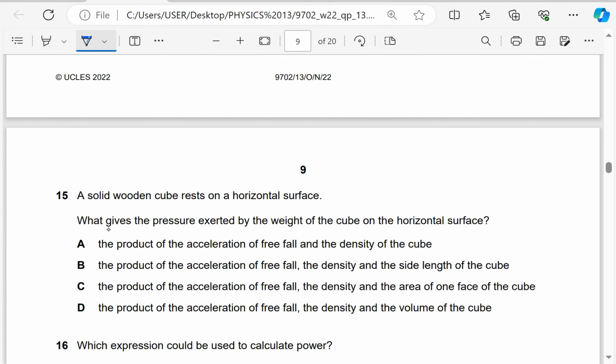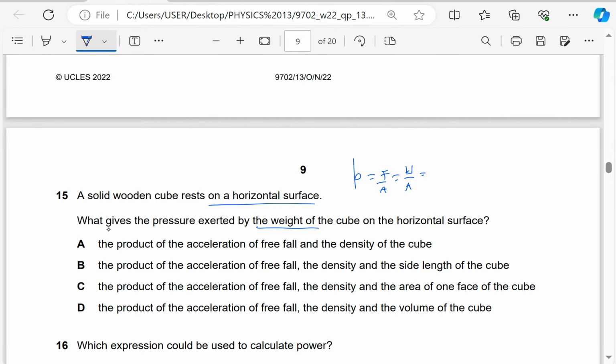A solid wooden cube rests on a horizontal surface. What gives the pressure exerted by the weight of the cube on the horizontal surface? Pressure. Of course, we know pressure is equal to force over area, and the force is going to be the weight over the area.